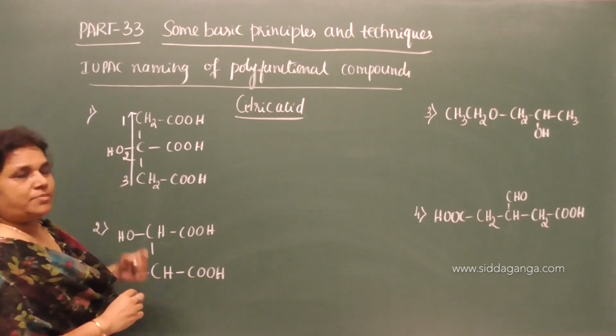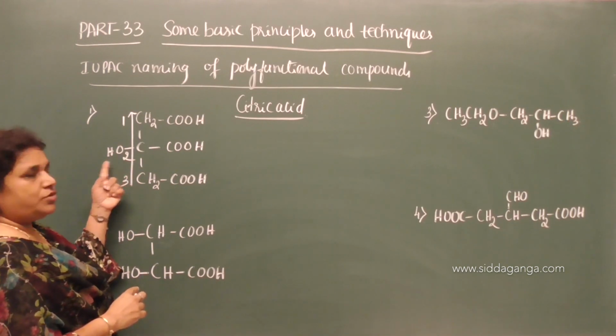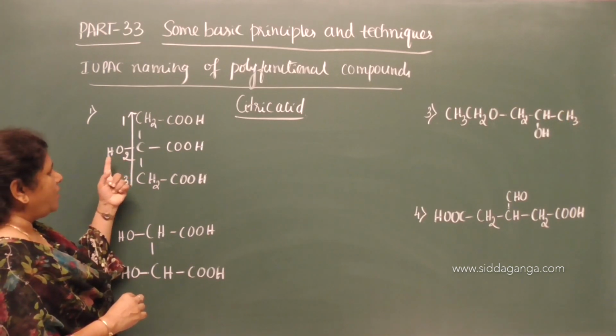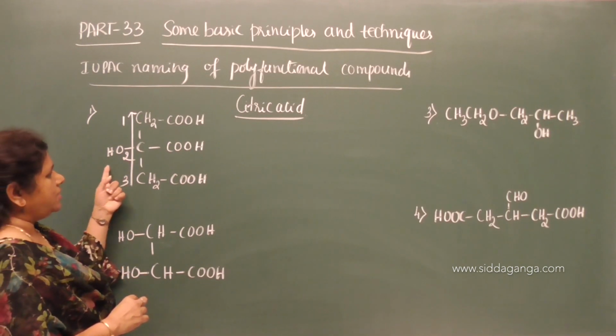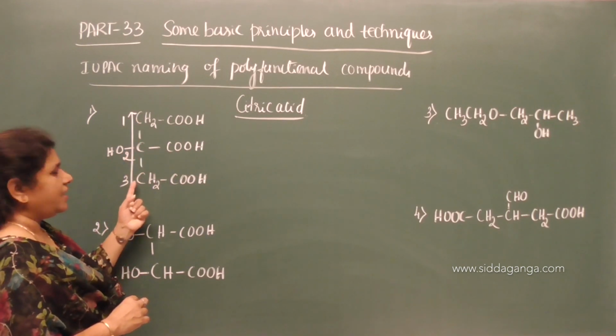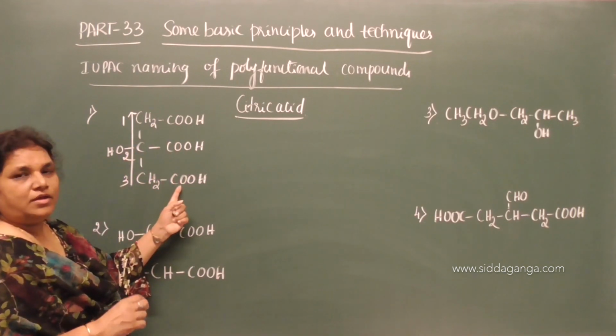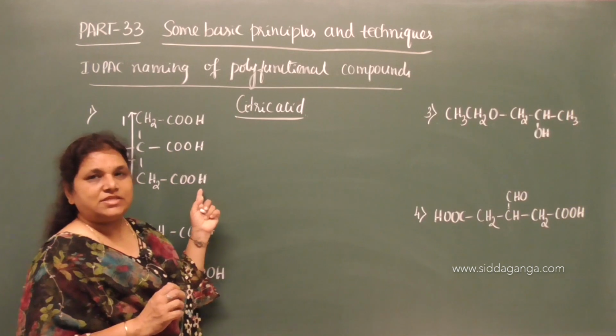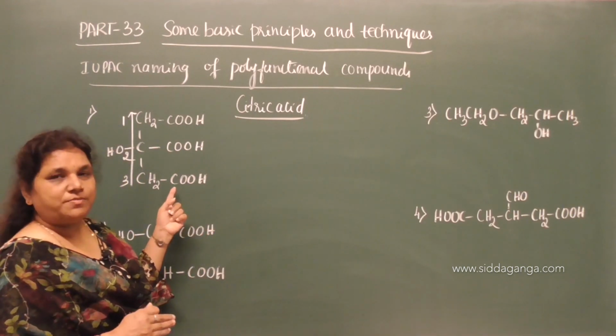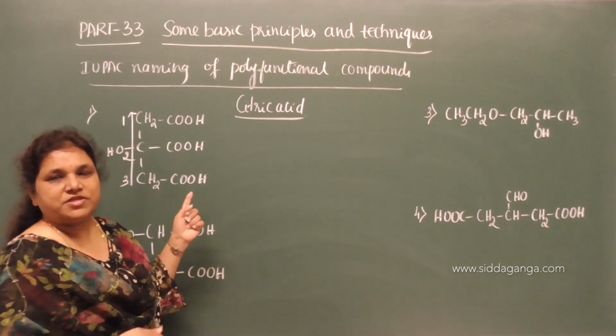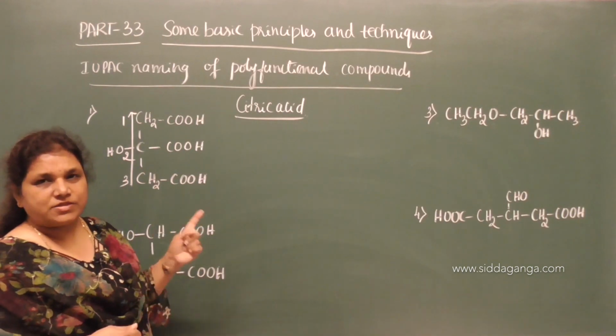On the second carbon we have one OH group, that is 2-hydroxy, and on the first, second and third carbon, on all the 3 carbon atoms, we have the COOH group. Since there are 3, we need to use the prefix tri before the special secondary suffix called carboxylic acid.